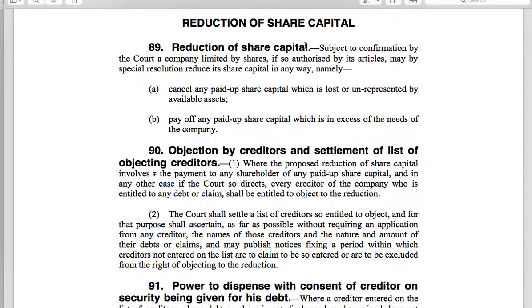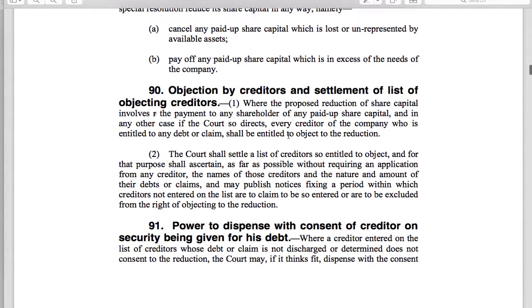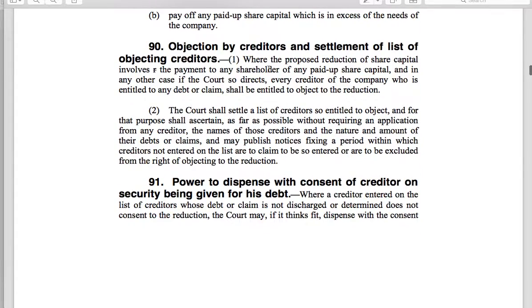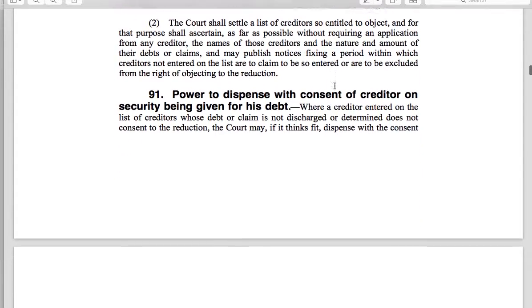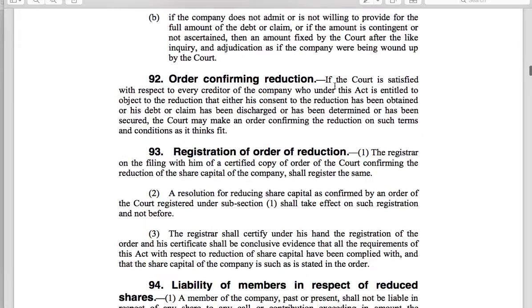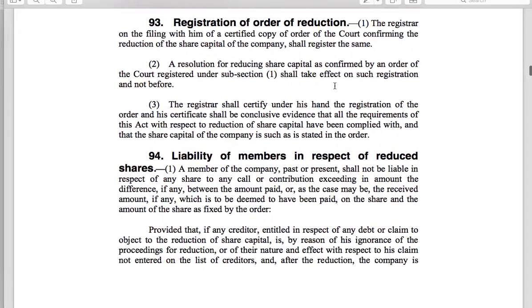Now, reduction of share capital: for a company limited by shares, the court can reduce its share capital, which means paid up share capital, and pay off the shareholders, and then obviously objection of creditors, settlement, and all of this the High Court will deal with, and registration.